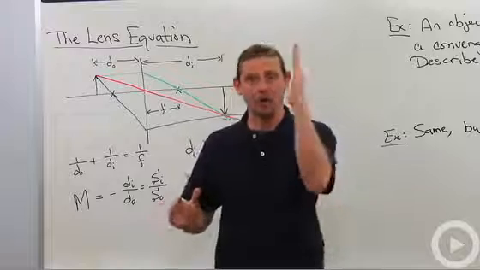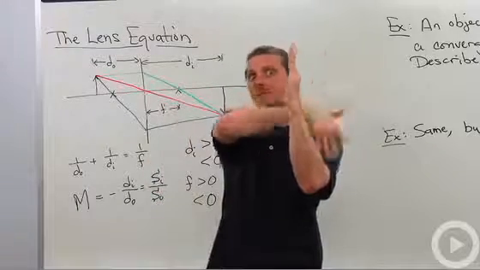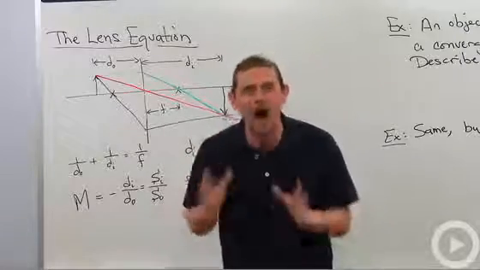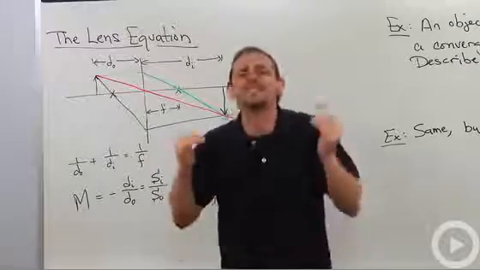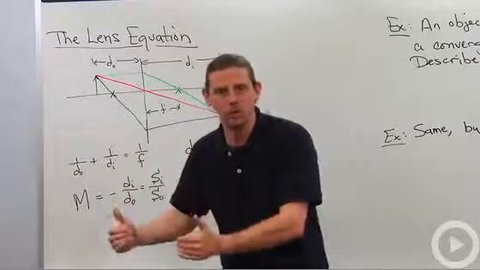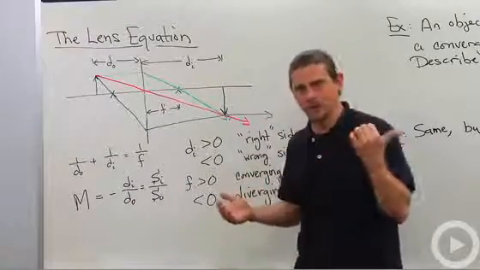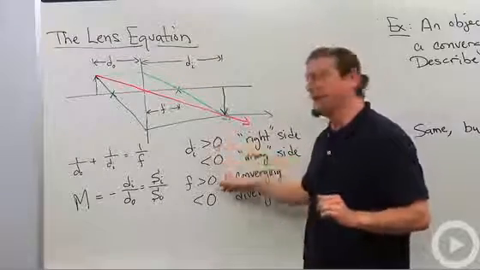Negative DI with a mirror would mean that the image is on the other side, which is really in darkness. There's a wall there. All right? So that's what you should think about. DI positive means the correct side, the side that you would expect light to go. With a lens, it means you expect light to go through. With a mirror, you expect light to bounce off. All right, so that's with DI.